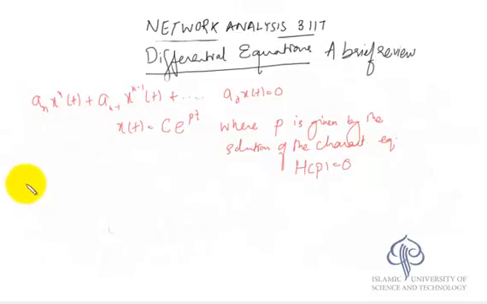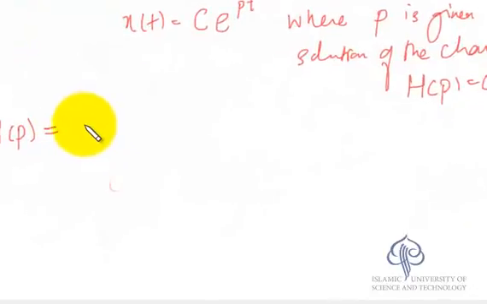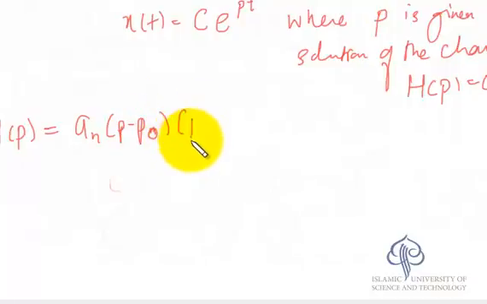So if you're able to factorize H(p), which is basically a polynomial in p of nth order, you can write it as a times (p minus p0) into (p minus p1) up to (p minus pn minus 1).